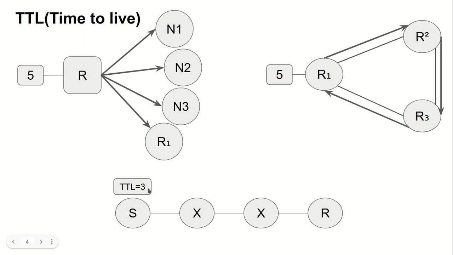So what does 3 mean? The 3 means that it will jump 3 times, or make 3 hops. In this case the jump will be taken from the sender to the X. Now the TTL value is equal to 2, because one jump has been taken.